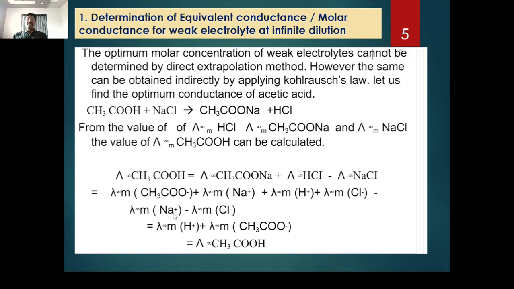Similarly, the molar conductance of the chloride ion gets cancelled, and we will get the final equation as the molar conductance of the H plus ions at infinite dilution plus the molar conductance of the acetate ion at infinite dilution, and it is nothing but the molar conductance of acetic acid at infinite dilution, or the equivalent conductance of acetic acid at infinite dilution.